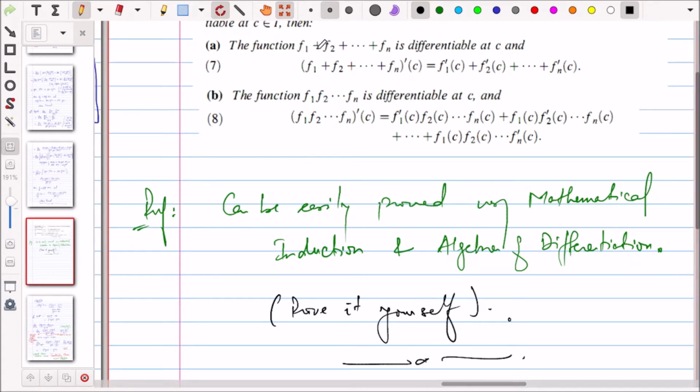तो सब ट्राई कर लेना इसको. ये so sum of, if you have n differentiable functions f1, f2, fn, then their sum is also differentiable and the derivative of the sum is given by the sum of the derivatives, right?